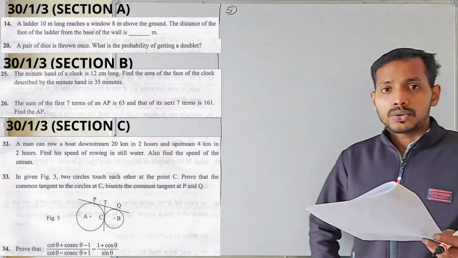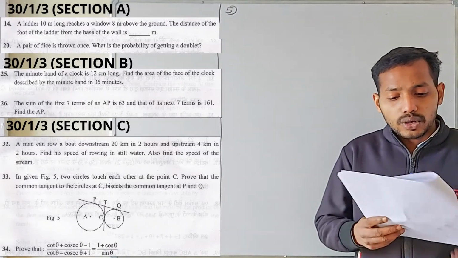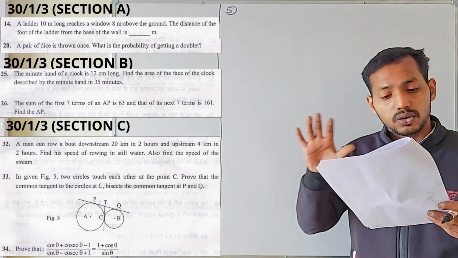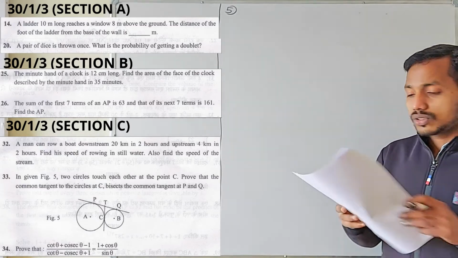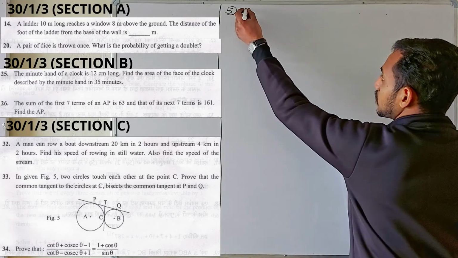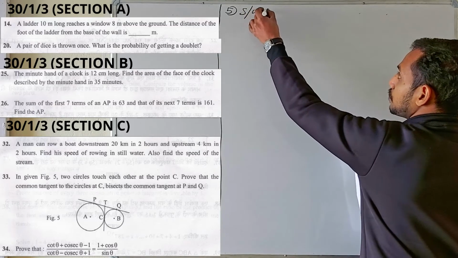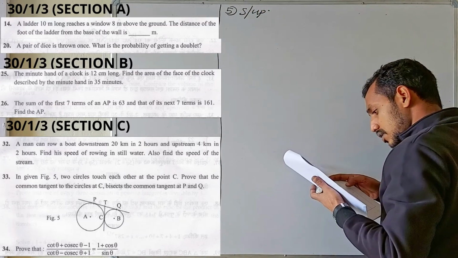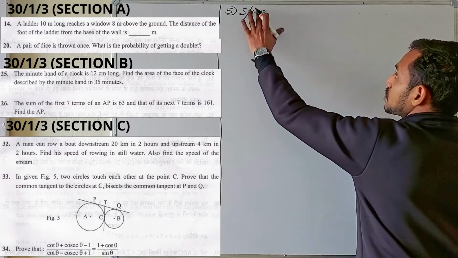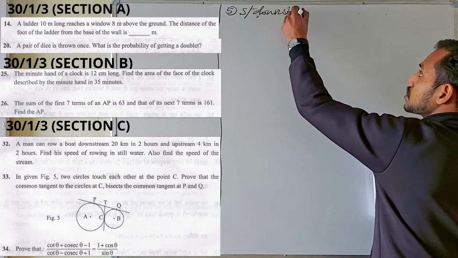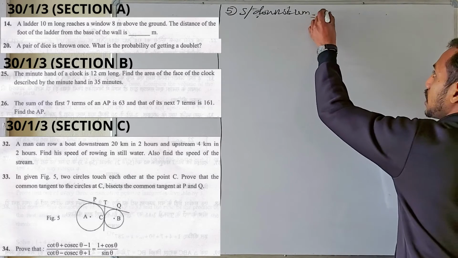Now here, a man can row a boat downstream 20 km in 2 hours and upstream 4 km in 2 hours.